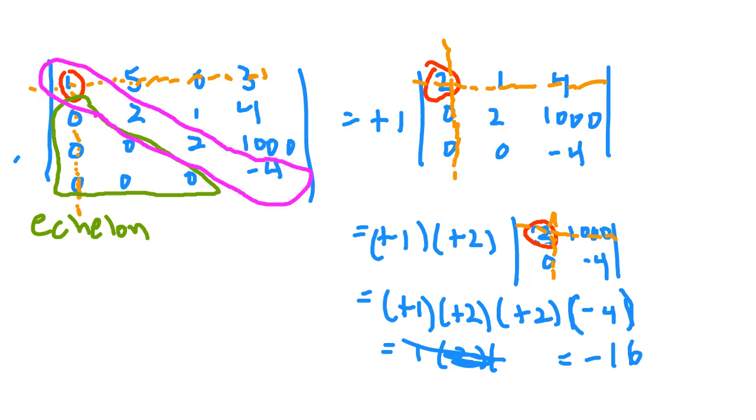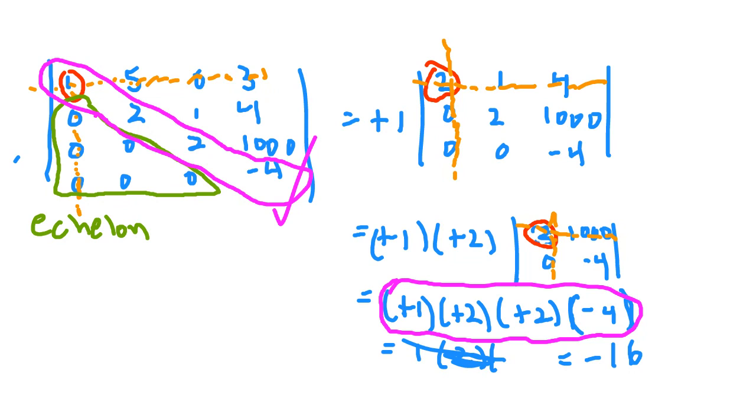And you see, it turns out that when you have the determinant of a triangular matrix like this, the determinant is just the product of those diagonal entries. That's what we have, the product of the diagonal entries. See that?